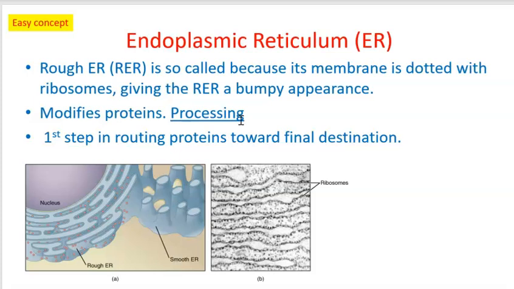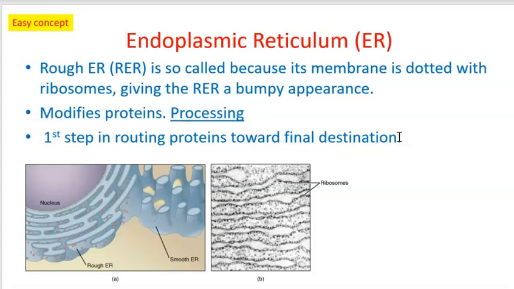We do not have time to talk about what kind of modifications are made to the proteins in the ER, but just know that there is some processing that takes place. And then those proteins are going to be shipped to another part of the endomembrane system. So rough ER is protein processing and the first step in routing proteins towards their final destination within the cell.